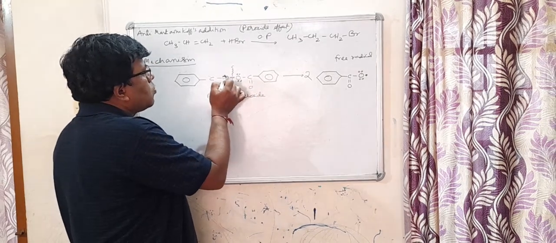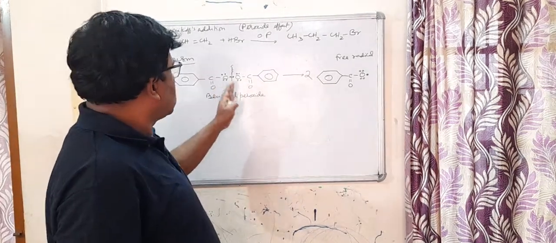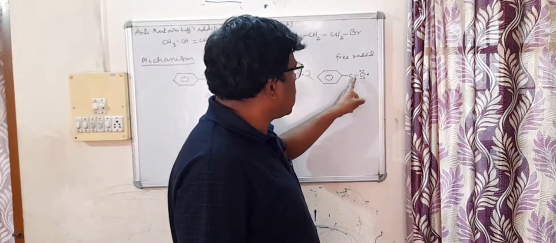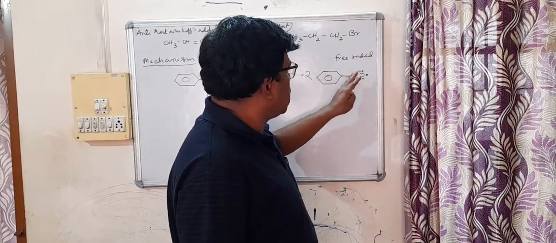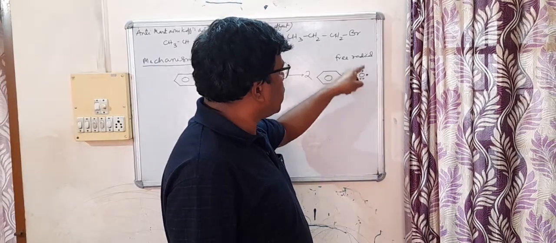So this bond breaks and there won't be any charge. It's neutral but has an unpaired electron. That's why it's a free radical.